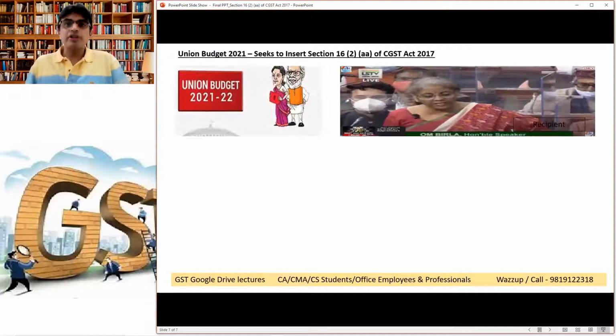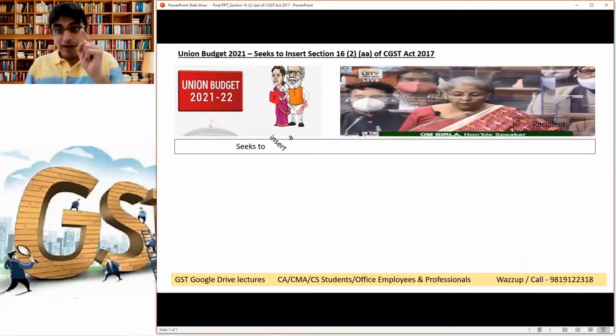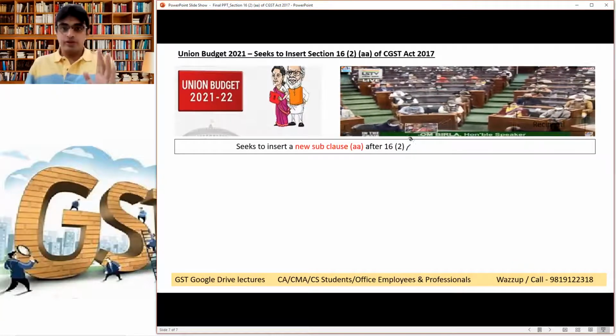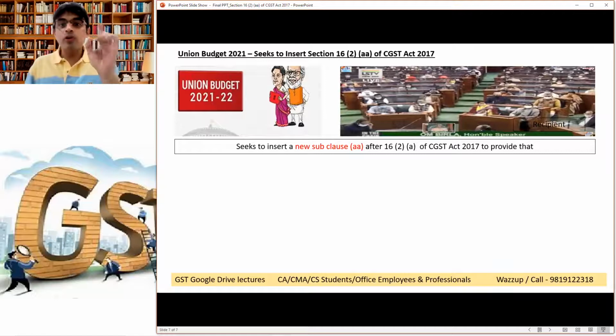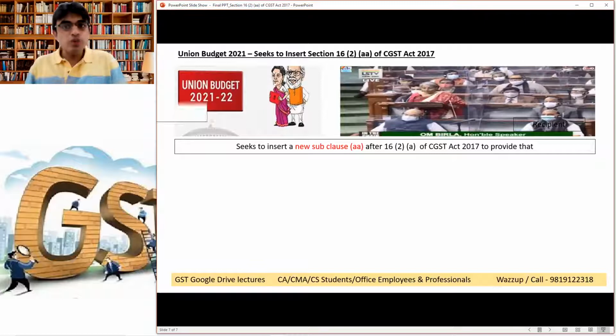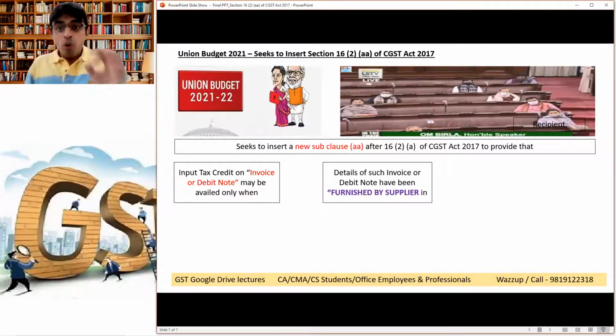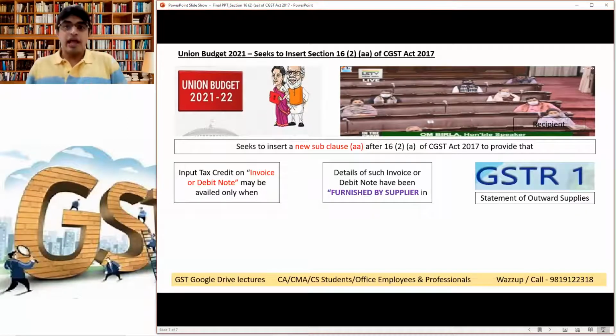Now in Union Budget 21-22, what happened? This time the government said it seeks to insert a new clause 16(2)(aa). It is going to introduce 16(2)(aa), and what is the restriction going to be? Input tax credit on any invoice or debit note: any recipient who wants to take ITC can avail it only if such invoice details or debit note details are furnished by the supplier in his GSTR.